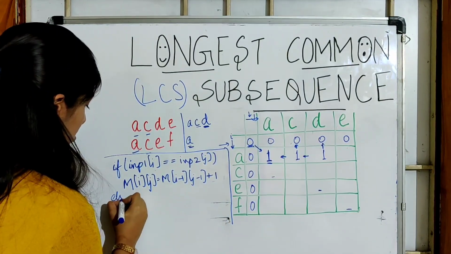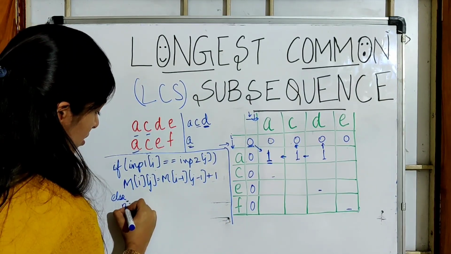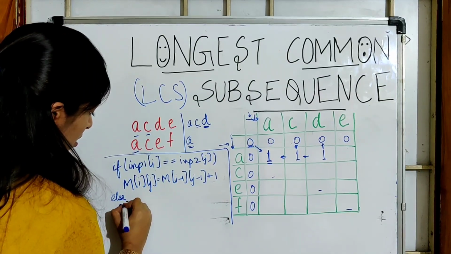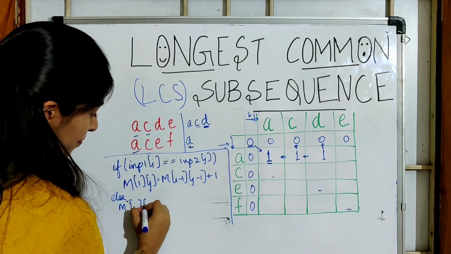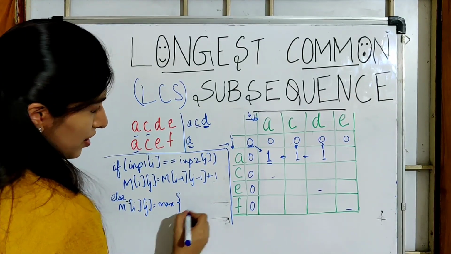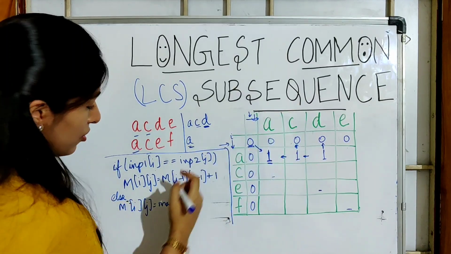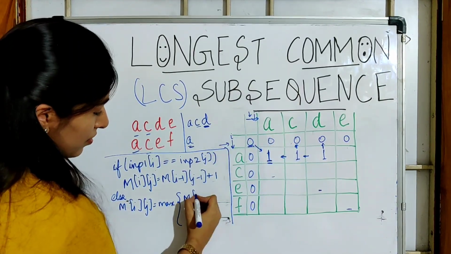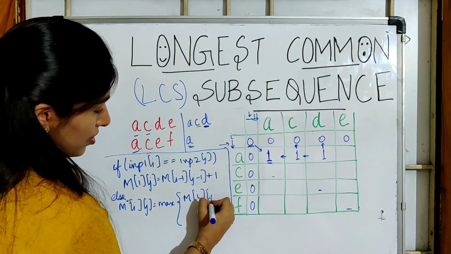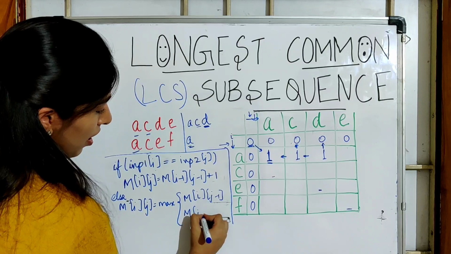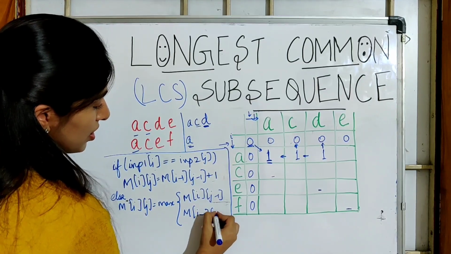Okay, this is if our input characters are the same. If the input characters are not the same, then our answer will be the max of two values, right? The left value and the top value. The left value is nothing but M[i][j-1] and the top value is nothing but M[i-1][j].